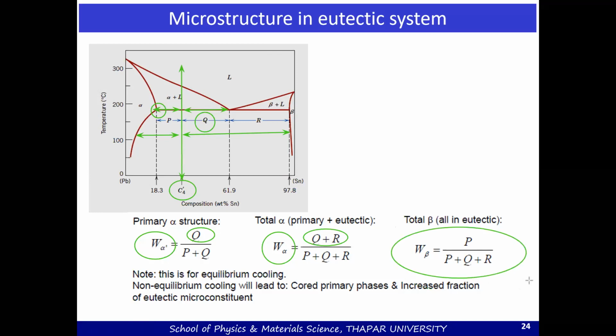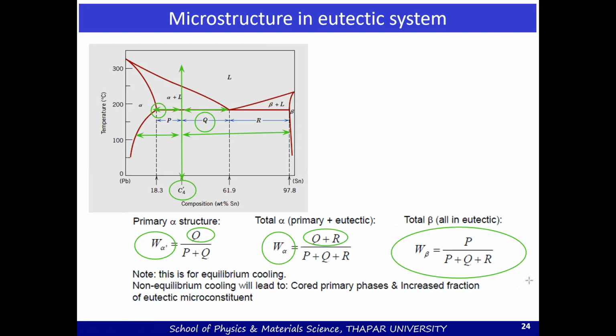This is a bit confusing. If you remember it like this: whosoever concentration you want to find, your numerator will be the opposite of that. If you are finding the total concentration, your denominator will be the gap between the alpha and the beta region.